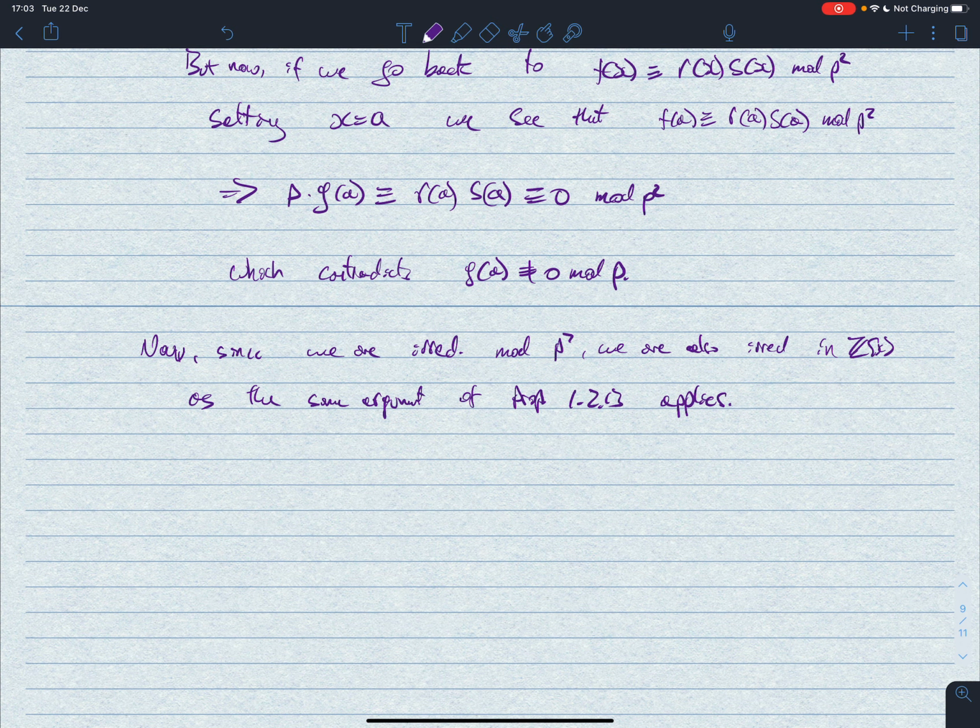Great. So now this completes the proof. Okay, let me give you a corollary of this. This is corollary 1.2.15. This is Eisenstein's criterion.